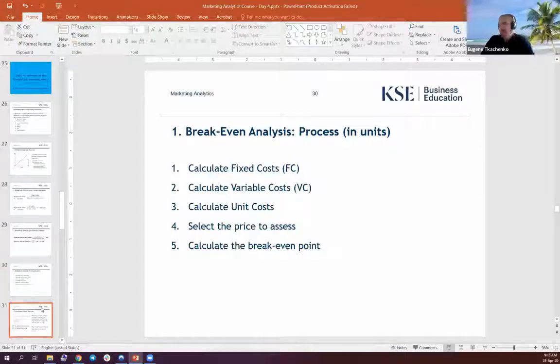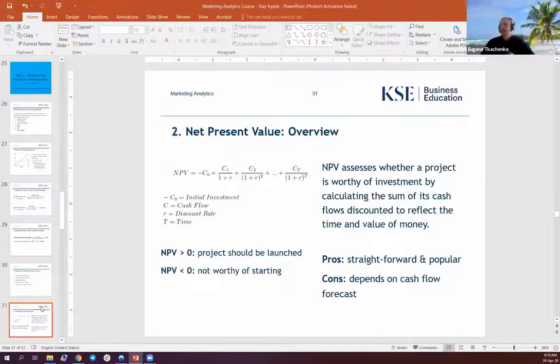Hope so. So another one is net present value. We are basically calculating all our cash flows for any given year, with the assumption that we want to assess the project, let's say, over the next 3 or 4 years. For example, we have an investment of $2,000, which is our expense.